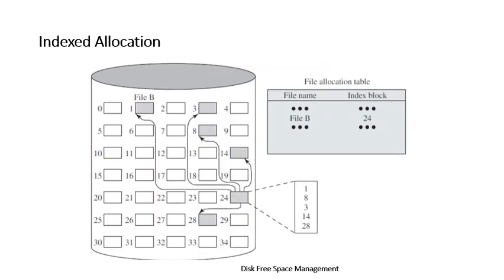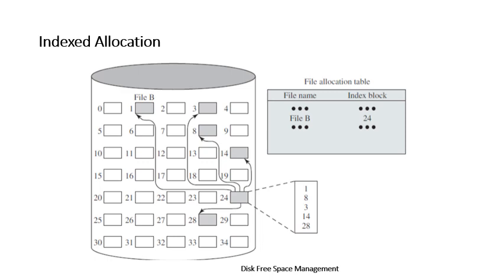Next, moving on to indexed allocation. As shown in the diagram, it is used to save blocks based on an index for each file.